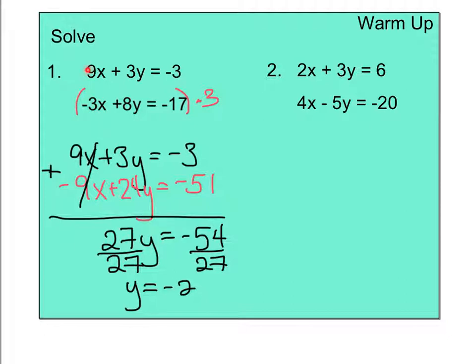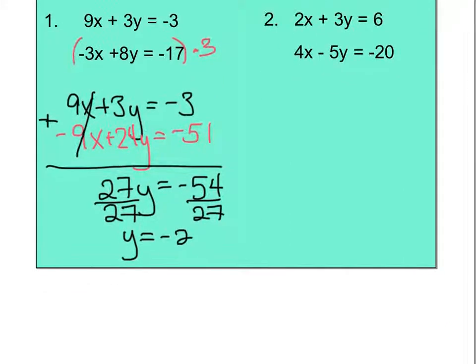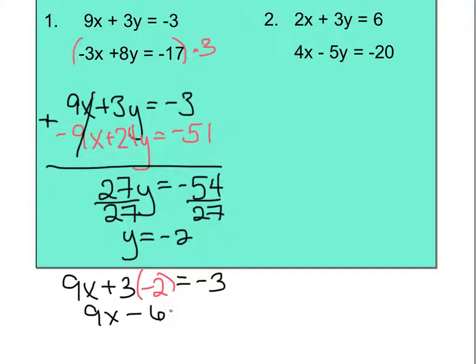So now I choose which equation I want to plug that back into. The first one has more positives, so I'm going to choose that one. You also could have chosen the second one. So I have 9x plus 3 times y, and y is negative 2, equals negative 3. So I have 9x minus 6 equals negative 3.